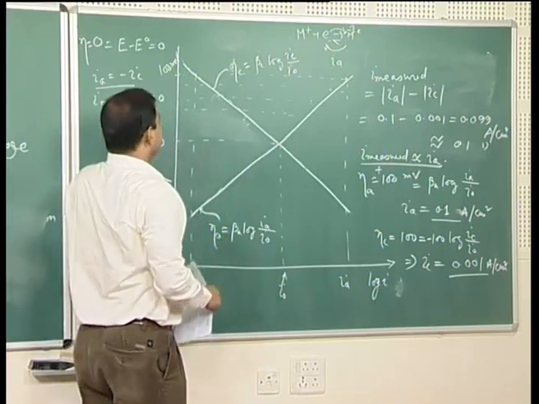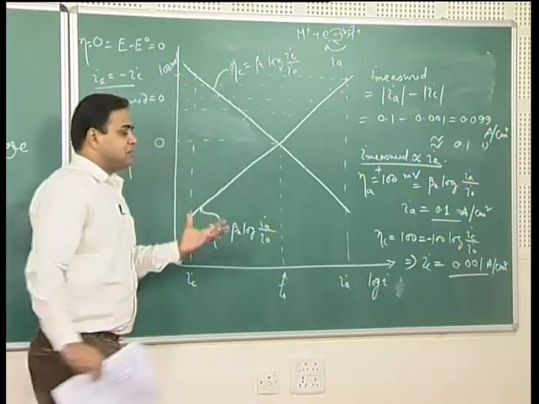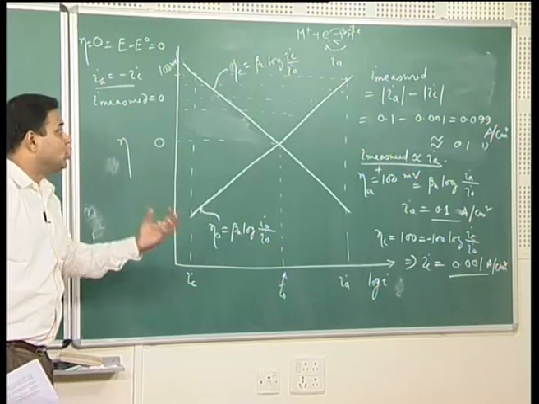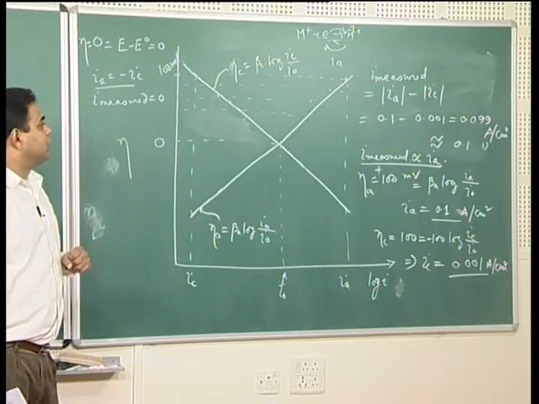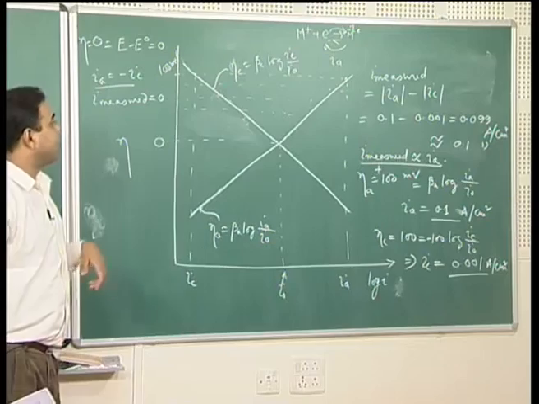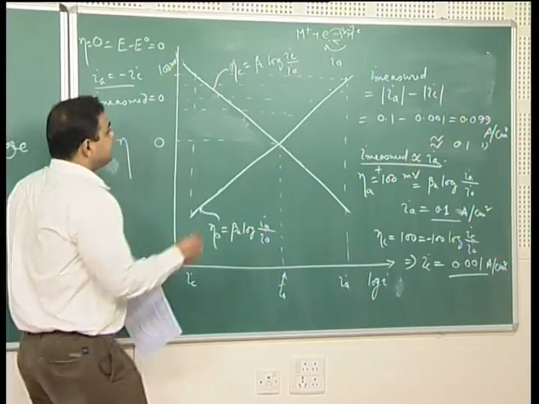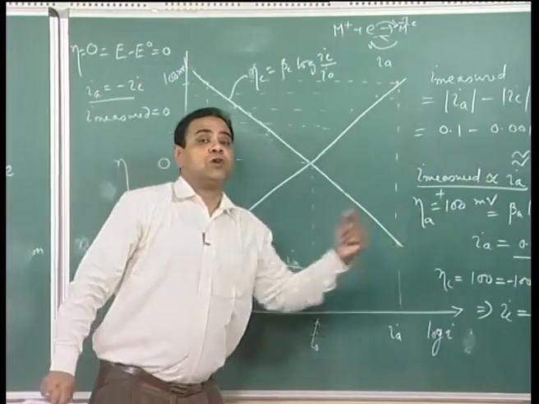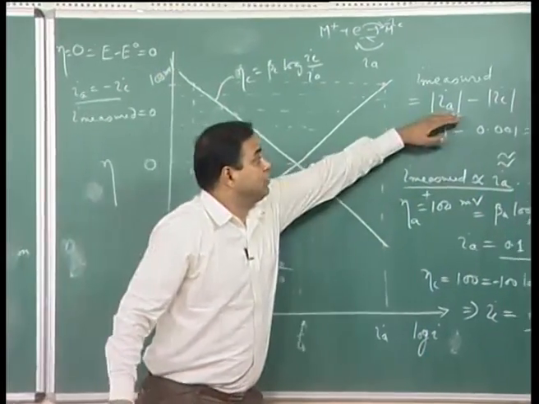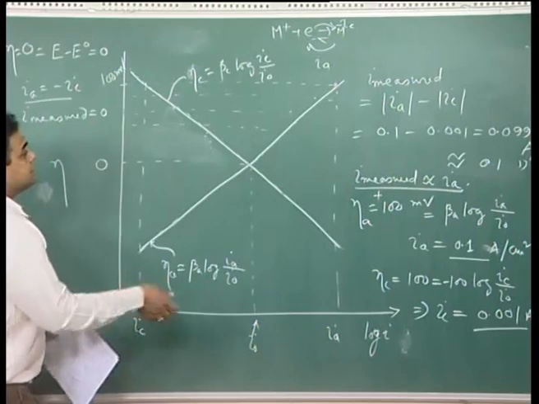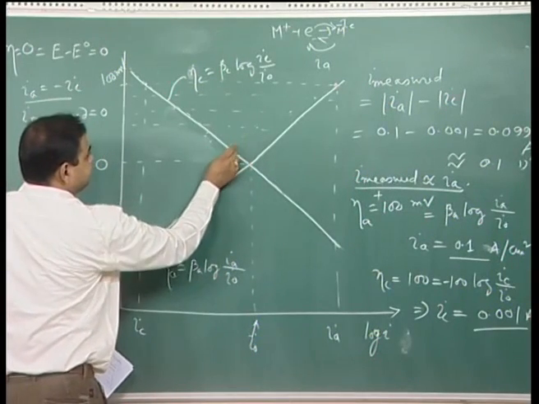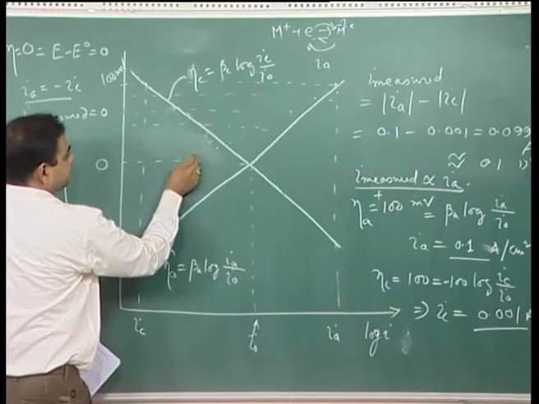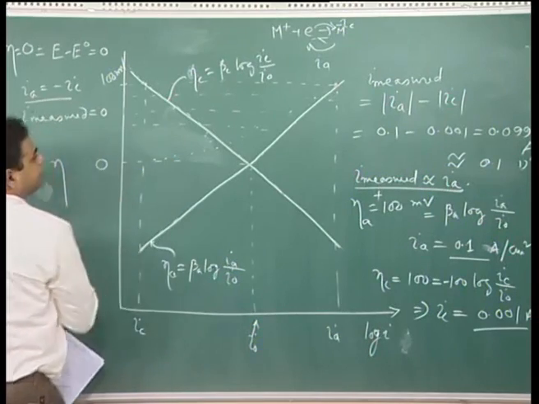As you go down, that means if you have lower and lower anodic overvoltage or anodic polarization, you see that the IC effect is coming, because at that time I measured cannot be equal to IA, rather I measured would be equal to IA minus IC. So this point will shift. Fine.